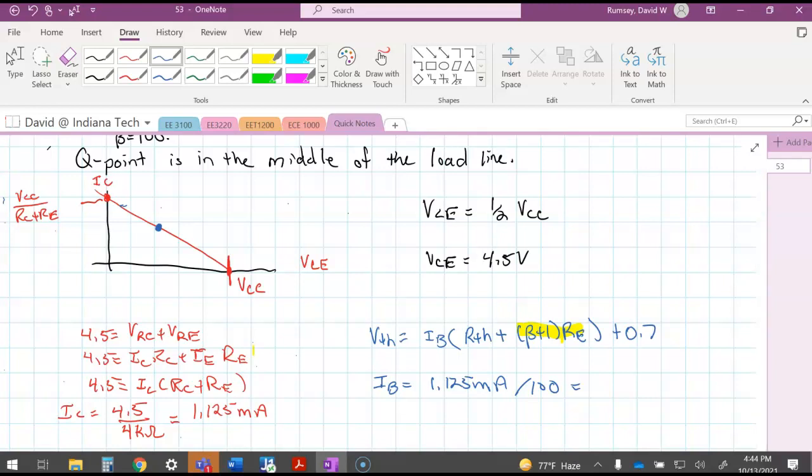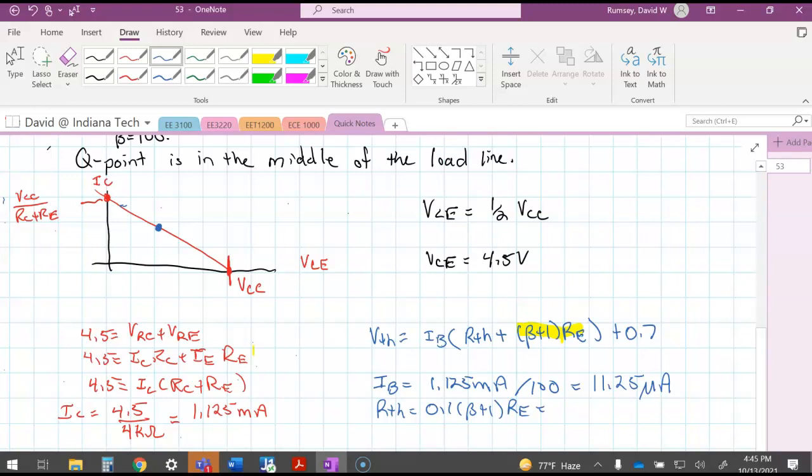If I do that, I get 11.25 microamps. And then R Thevenin, there is that equation that we had: this is 0.1 times beta plus 1 times RE.